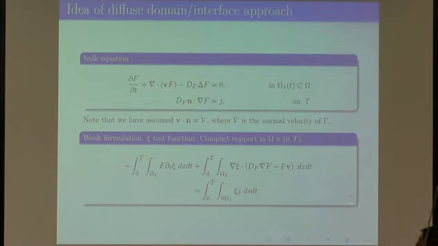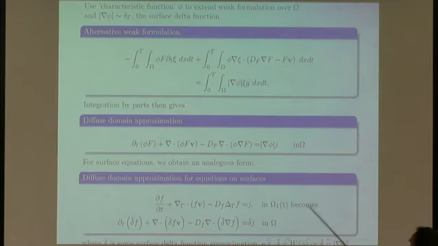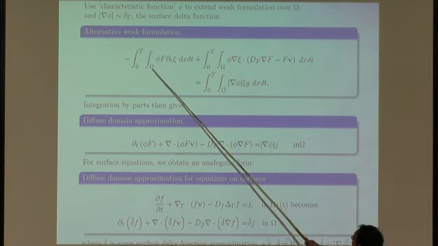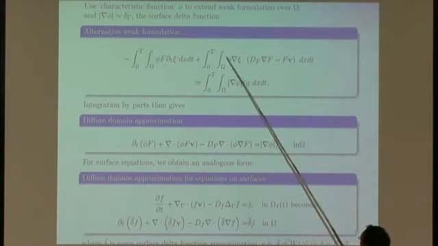And you know that the phase field is equal to 1 in omega 1 and is 0 outside of omega 1. So you can basically extend these integrals over the whole domain omega by just multiplying the integrand with the phase field phi. And this is done here. So now you have all these integrals over the whole domain omega, and you have a phi now here and here.